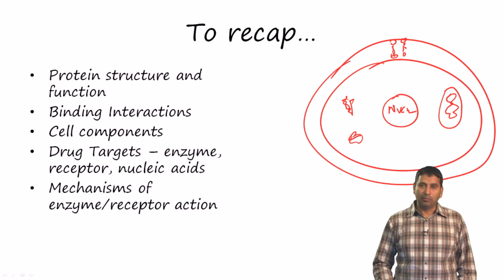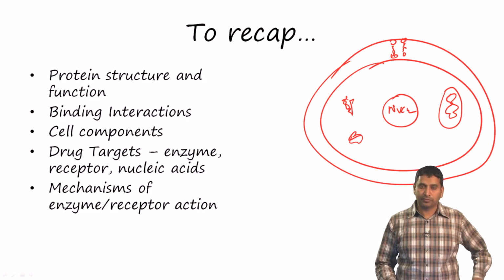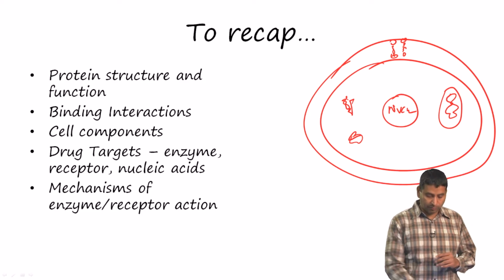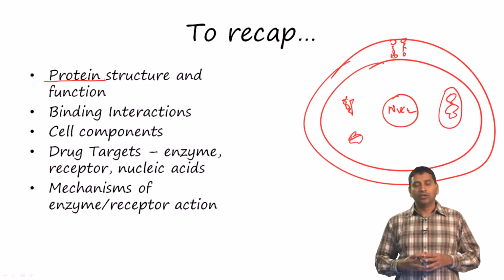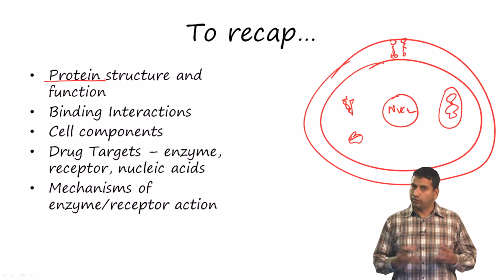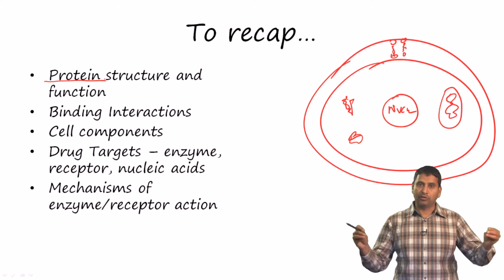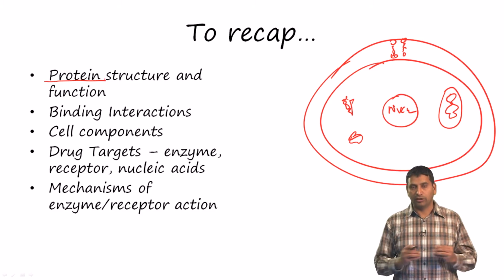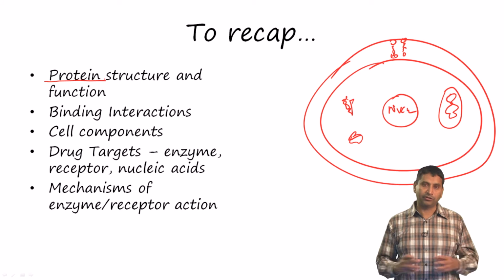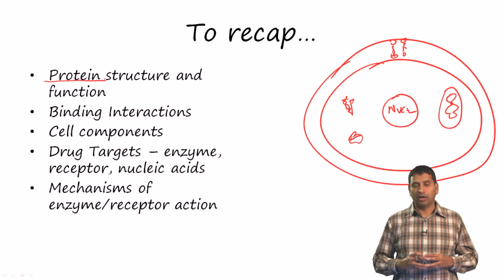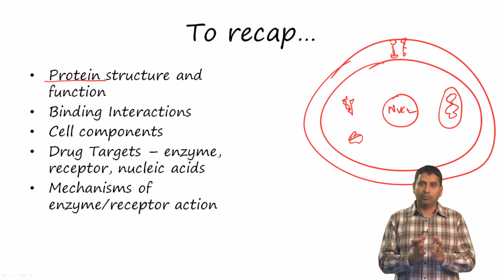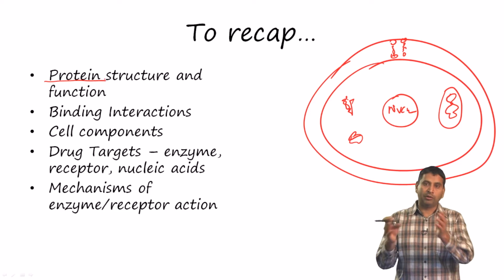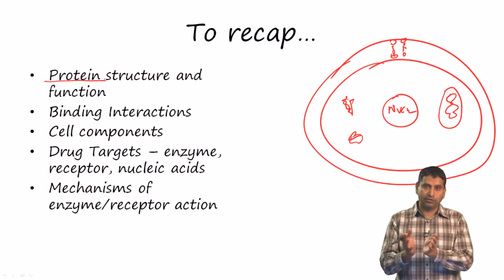And so, an important component of the cell is a protein. Proteins are made of amino acids, and so they are polymers of amino acids. So, we looked at how the protein structure, the primary, secondary and tertiary structures are available, and we looked at how the function of a protein is determined by the structure, and what kind of amino acid residues are present on the surface.